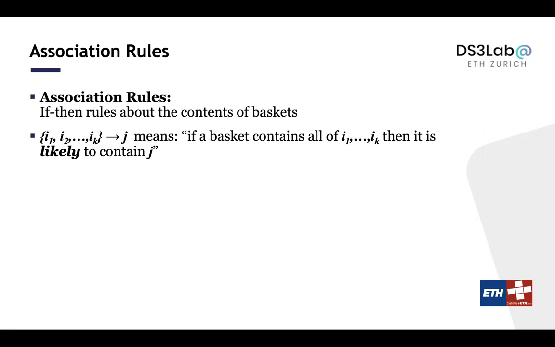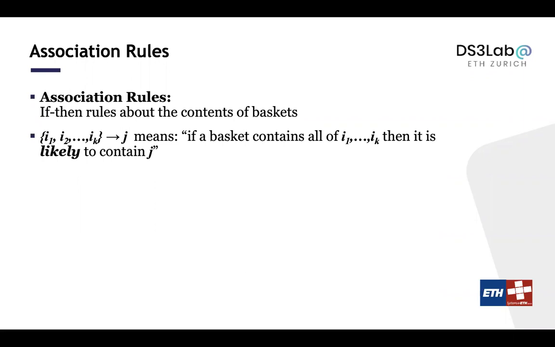This means that if a transaction contains all the items on the left-hand side, then it is likely to also contain the items on the right-hand side. If you are building a supermarket, this is very useful for recommendation. If someone already bought milk and bread, maybe we should recommend peanut butter and jelly, whatever.